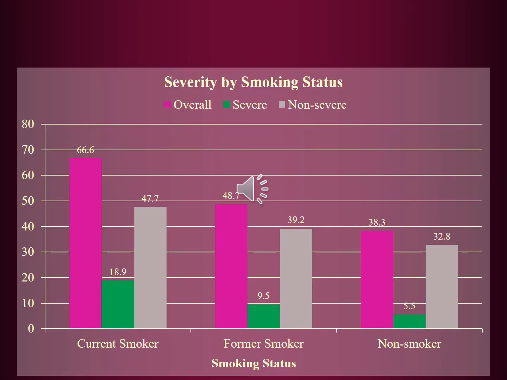One of the most consistent findings in the periodontal literature is that individuals who smoke tend to have more periodontal disease than those who don't smoke. And this is true for all categories, for the overall category of periodontitis versus those with severe or non-severe disease. Smoking tends to increase the prevalence of periodontal disease, although smoking itself does not cause periodontal disease.